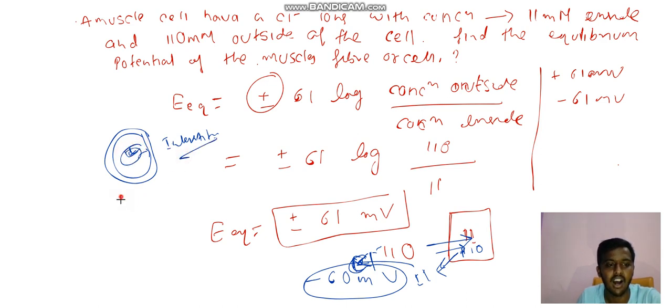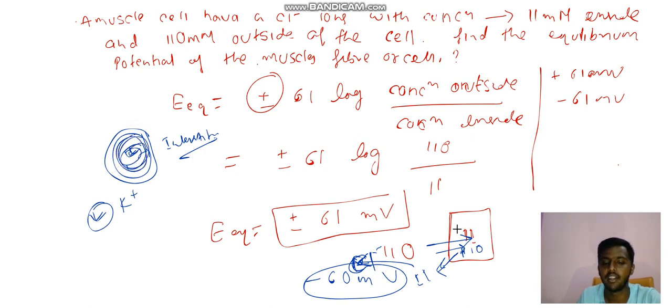As I told in hypokalemia and hyperkalemia, the concentration of potassium in hypokalemia will be less inside, and in hyperkalemia the concentration of potassium will be more inside. So all the time we have to see the inner cell concentration.